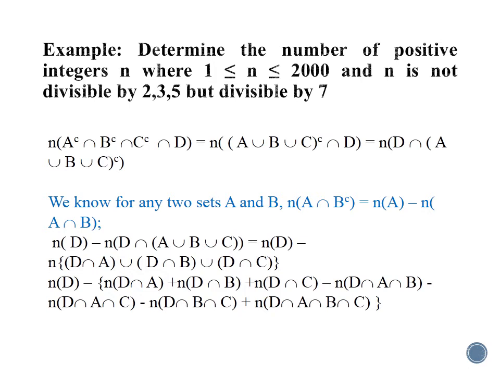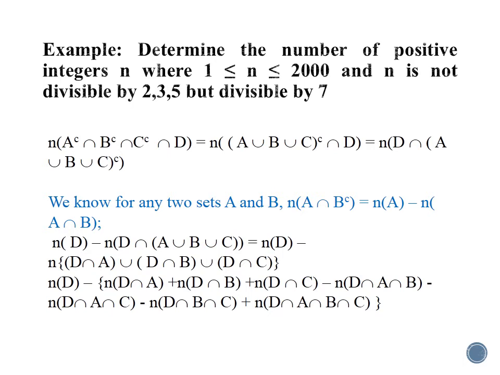Determine the number of positive integers n where 1 is less than or equal to n, less than or equal to 2000, and n is not divisible by 2, 3, 5 but divisible by 7. Let A denote the set of integers between 1 and 2000 that are divisible by 2. Similarly, B, C, D are those divisible by 3, 5, 7 respectively.